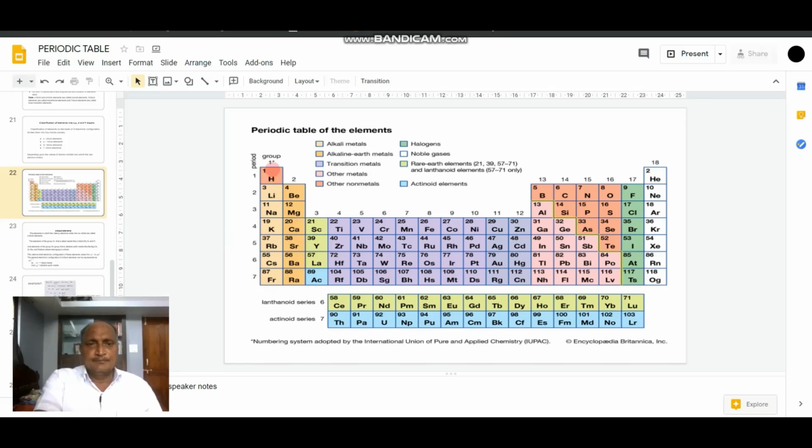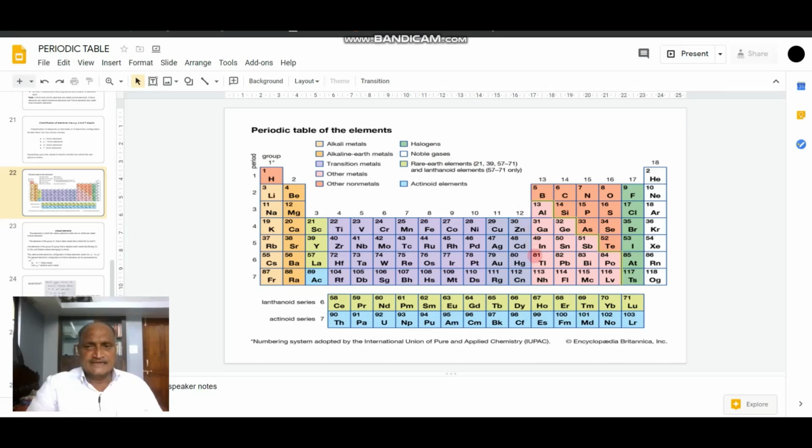The elements belonging to the left side of the periodic table, particularly first A group elements and second A group elements, which are called alkali metals and alkaline earth metals, are referred to as S block elements.